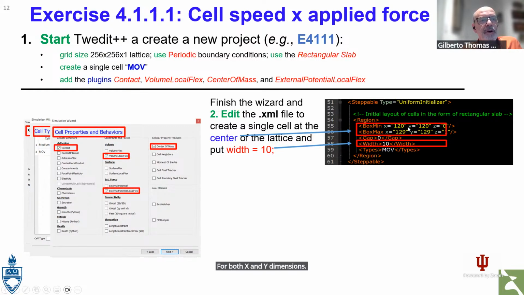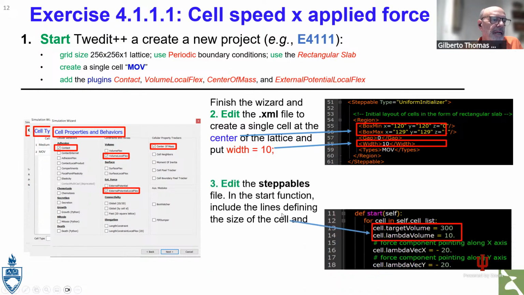This means a small region of 10 pixels by 10, a square of 10 pixel size. And the width of the cell is 10. And you put there a single cell that I call the move cells. Okay.